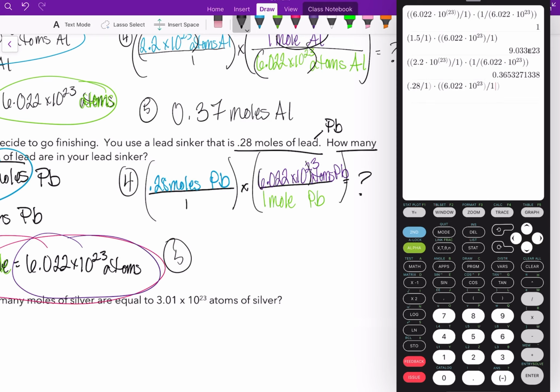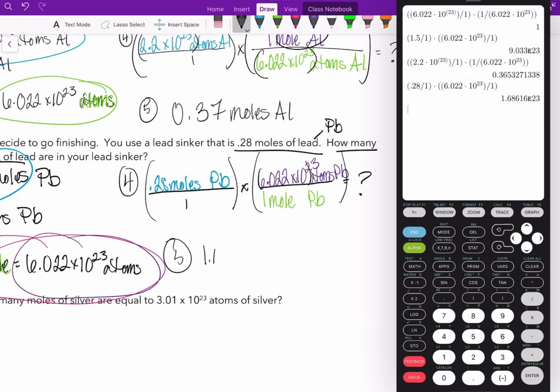When you plug it into your calculator, it should look like this, 0.28 divided by 1 times 6.022 times 10 to the 23rd, and those should be nested and divided by 1. So your final answer is 1.68... times 10 to the 23rd. So to write that down, let's just round to a couple decimal places.